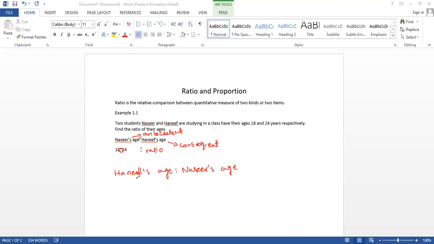So in this case, the numerator will have 24, ratio 18. Moreover, you can simplify the ratios as well. The 24 to 18 can be simplified to 4 and 3. So you can write the ratio in its simplified form of 4:3. Now I'll explain the simplification more in the later examples.